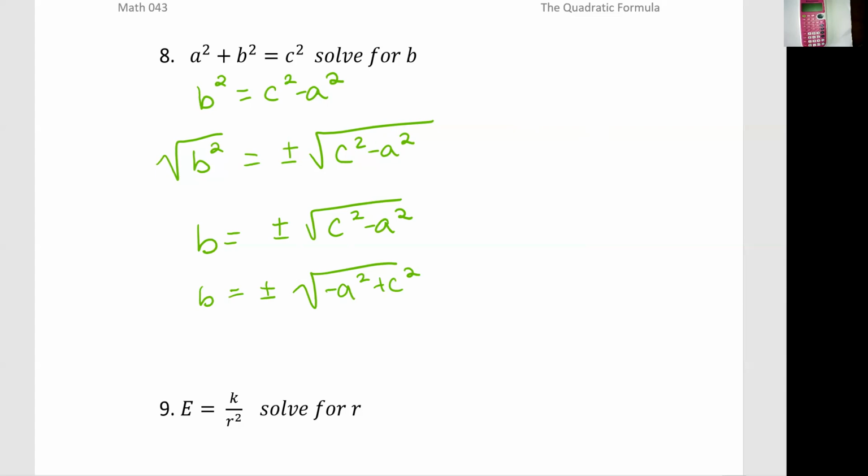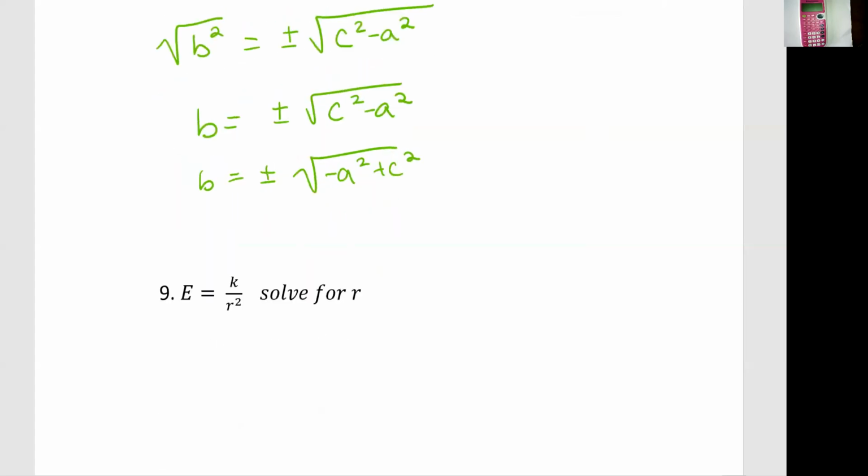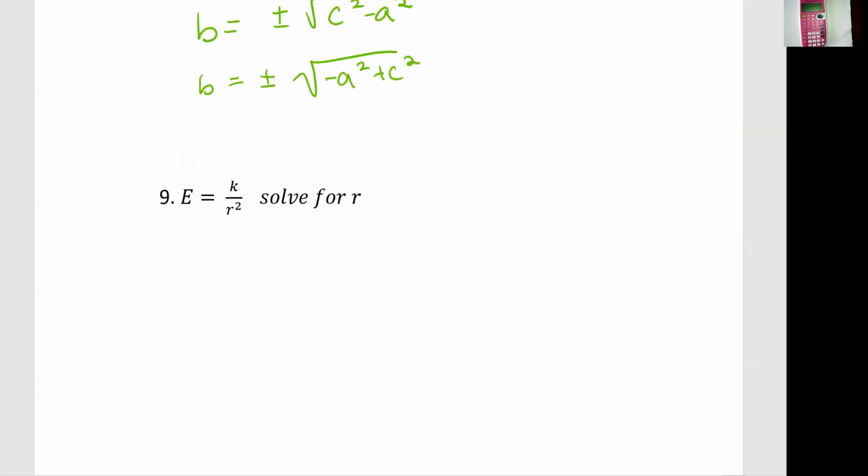And finally, number 9. We want to solve for r. So let's first multiply both sides by r squared. So E r squared is equal to K. Divide both sides by E. And then take the square root of both sides.